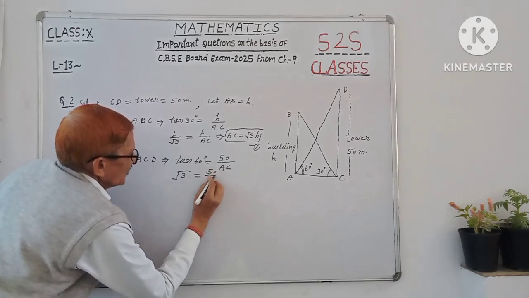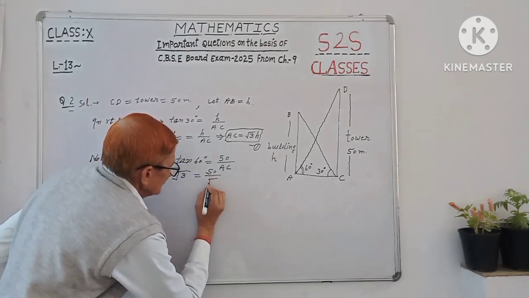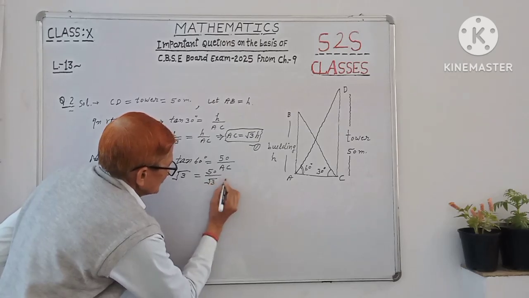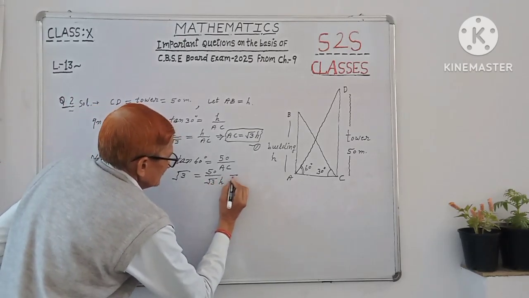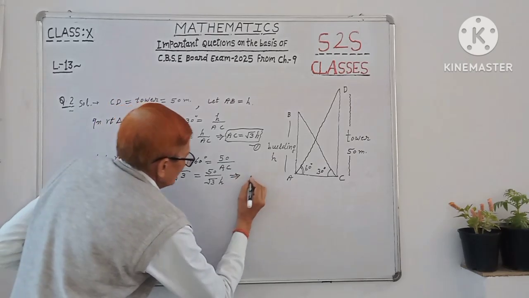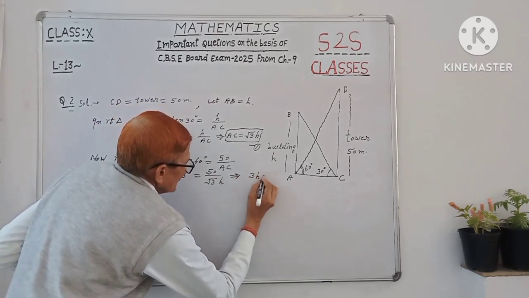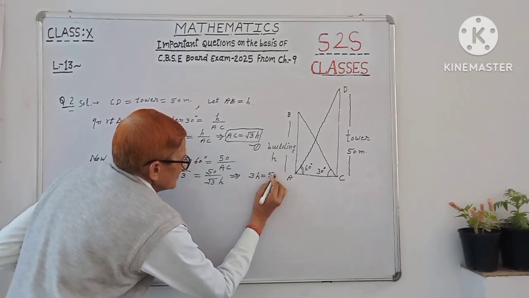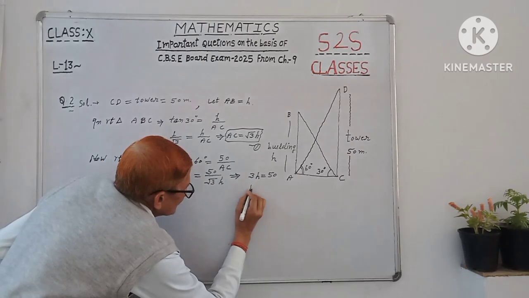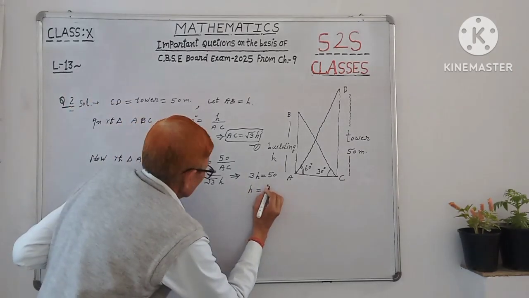50 upon AC. AC value from equation 1 is root 3H. Then use equation 1 here. Then this is 3H is equal to 50. Then H is equal to 50 upon 3.